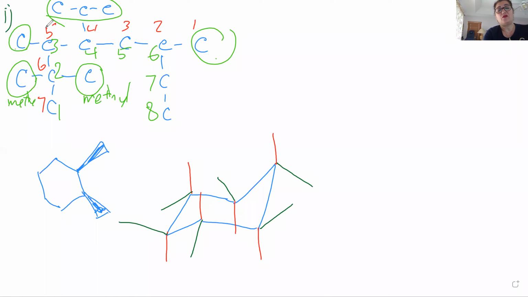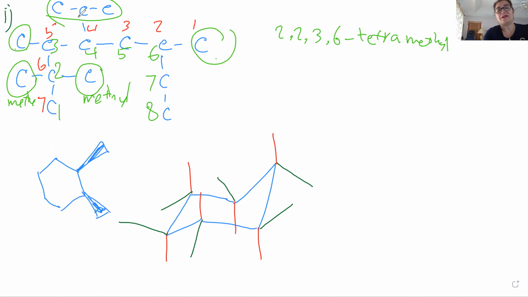So we have 4 of them. So it's going to be 2, 2, 3, and we separate the numbers by comma. We separate the number from letter using a dash line. 2, 2, 3, and 6. Then it's going to be tetramethyl. So that takes care of 4 of the branches.